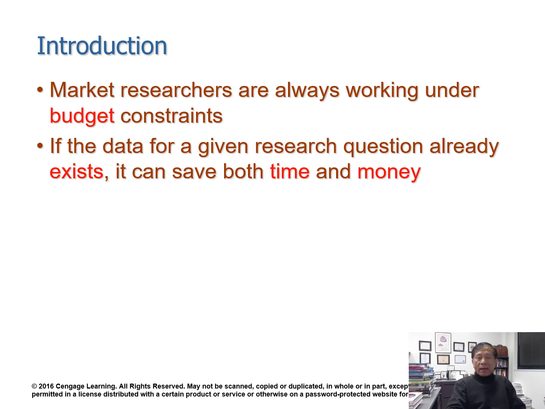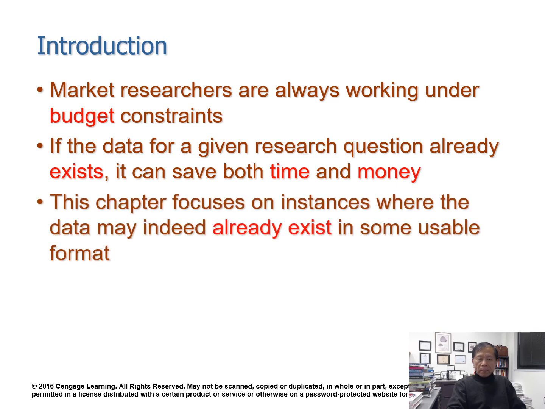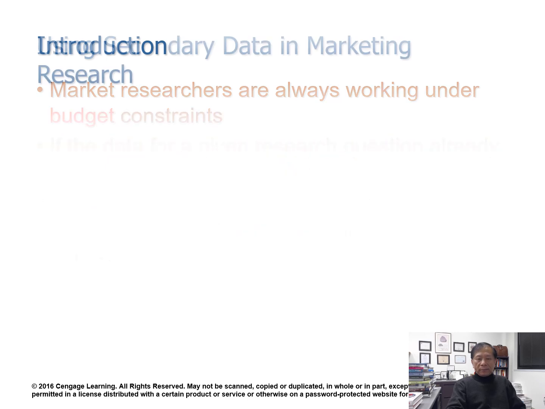Wouldn't that be nice, if someone has already done the research and the data is something you can use for your project? This chapter focuses on the instances where the data may indeed already exist in some usable format.